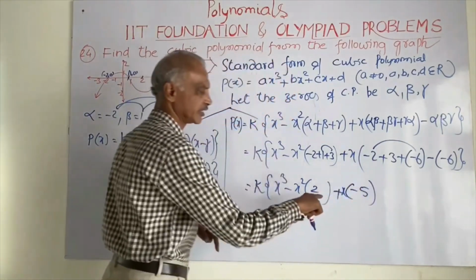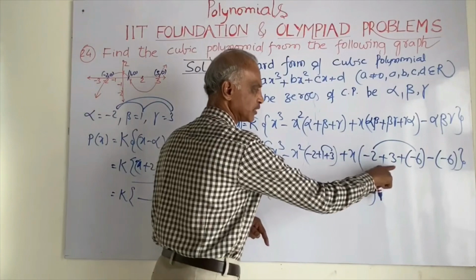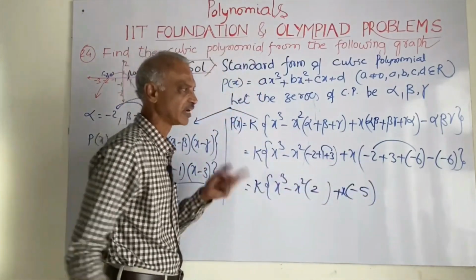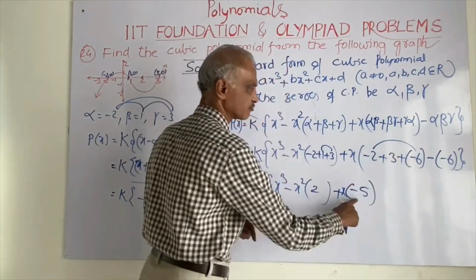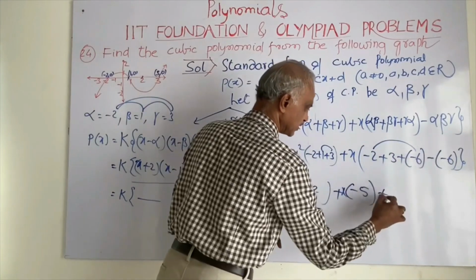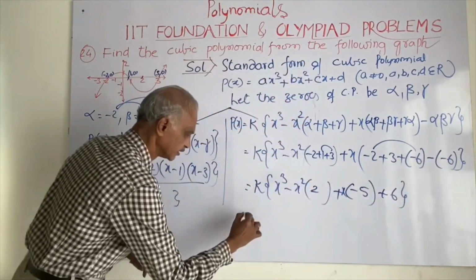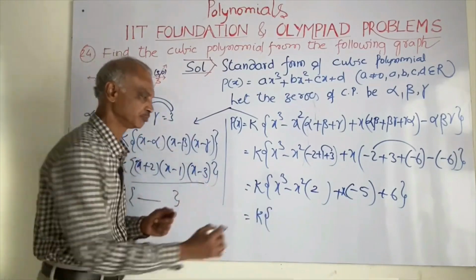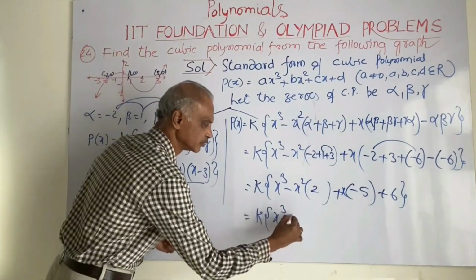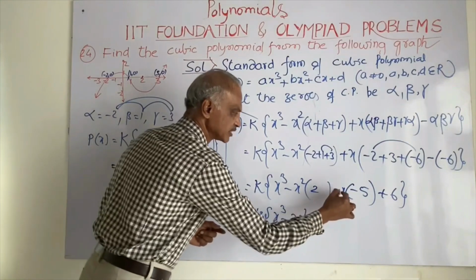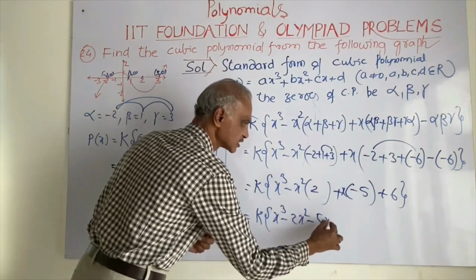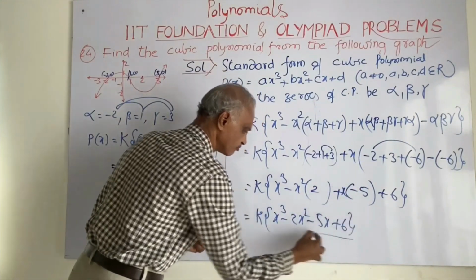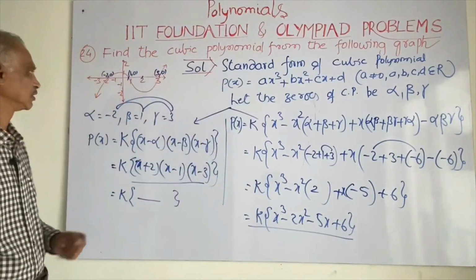Actually, x is there already: -2 plus 3, 1, 1 minus 6, -5. Minus into minus, plus 6. So k into x cube minus 2x square minus 5x plus 6. This is the required cubic polynomial.